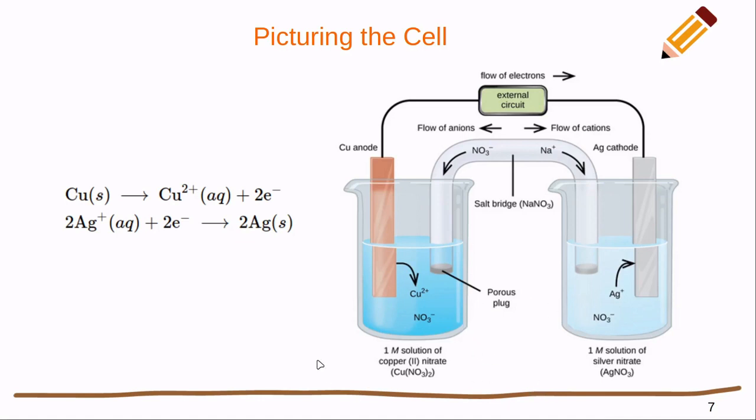You'll notice that all of the negative charges are flowing clockwise around here. So those are our electrons. They're flowing clockwise around the system. All right. And our negative anion is also moving clockwise. All right. Now all of our positive charge carriers, the copper cations and our sodium cations and our silver cations, they're flowing the opposite direction.